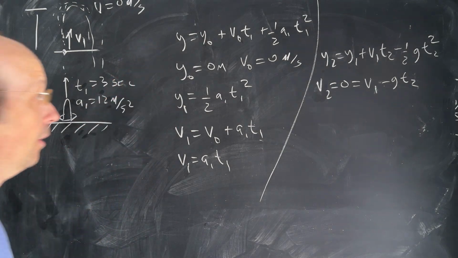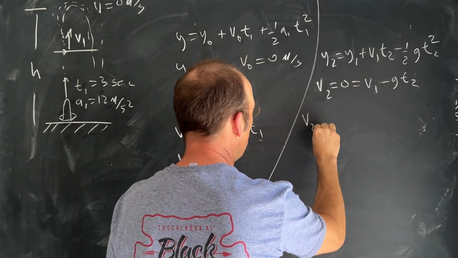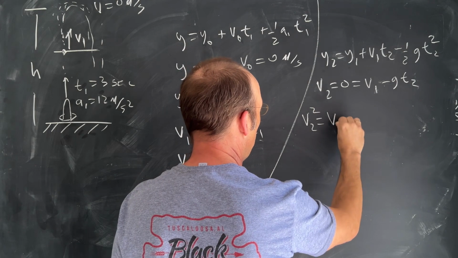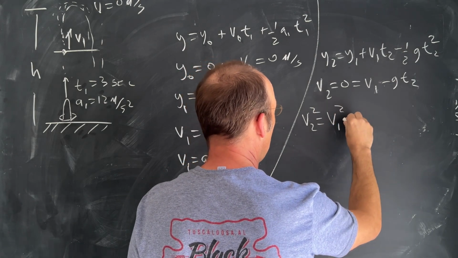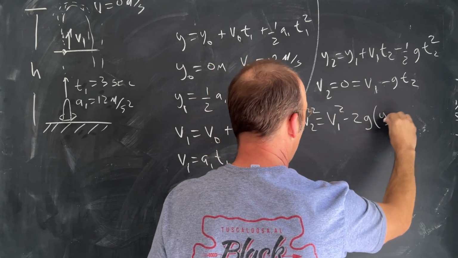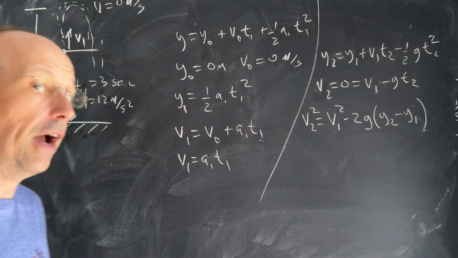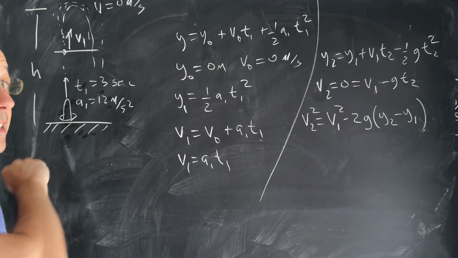But there's also the other kinematic equation that says v2 squared equals v1 squared minus 2g times (y2 minus y1). I derived that kinematic equation, and it does not have the time.